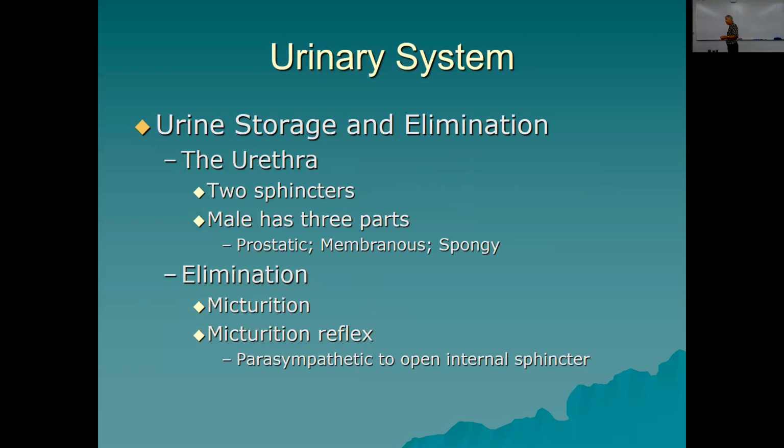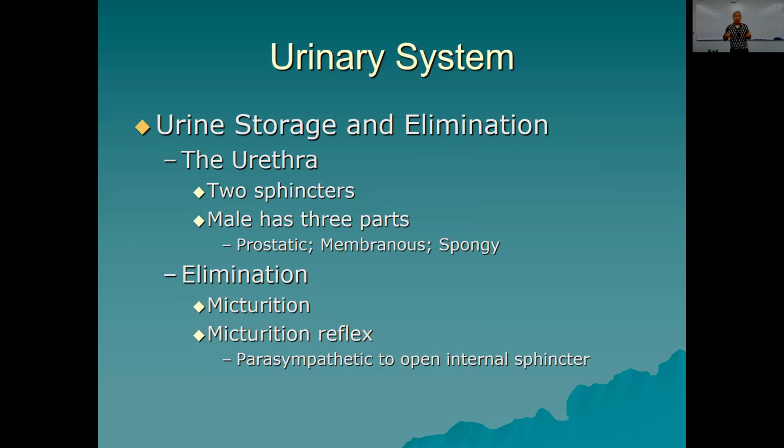The urethra is the tube from the bladder to the outside of the body, to the orifice of the urethra. There are two sphincters at the orifice of the urethra. There's one internal sphincter that is opened automatically. It's a parasympathetic reflex that we'll talk about in a moment.